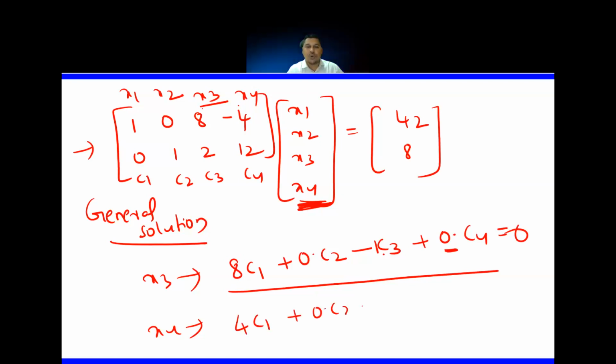I don't want to use C2. I don't want to use C3. Here I'll write plus 1 C4 equal to 0. If I do it this way, I'll get the x4 values as 0. You try it and see, you'll get these values as 0. I will repeat once again. So let us see how we are writing x3 and x4.